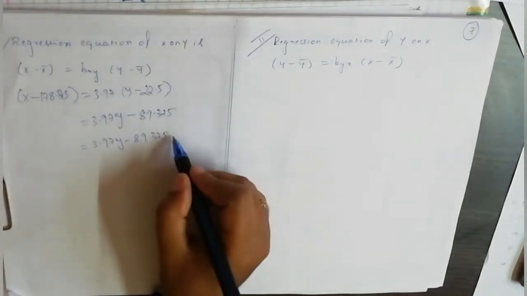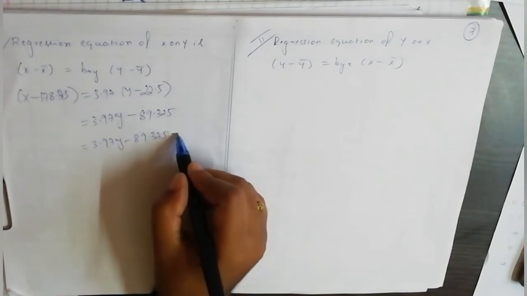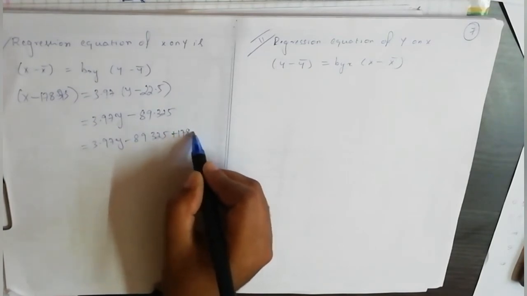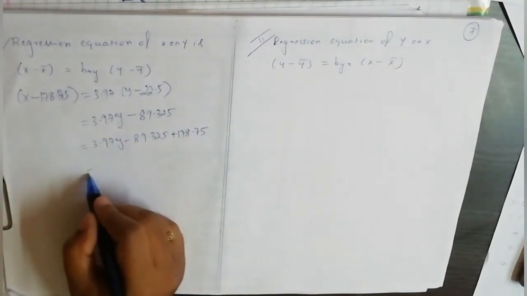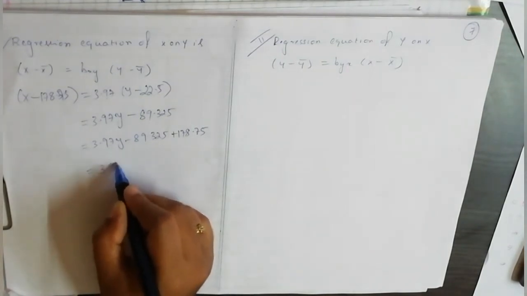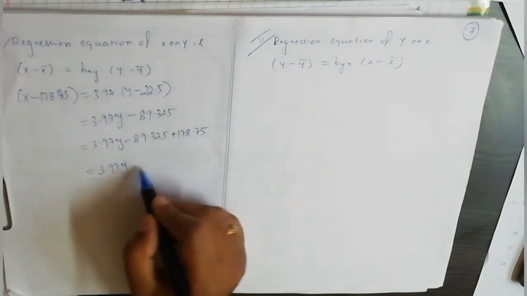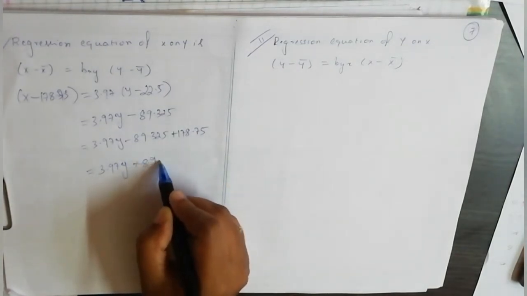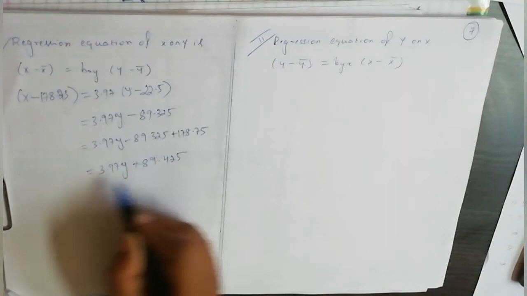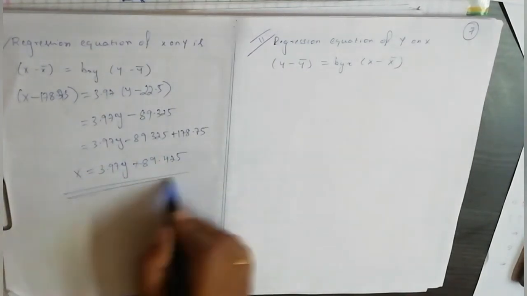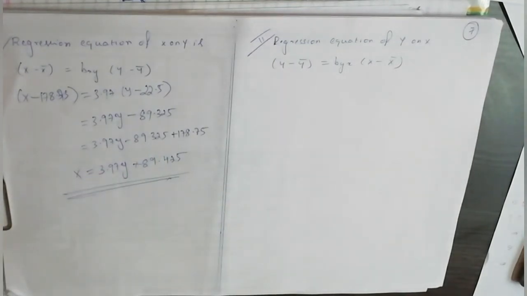I'll take this minus 178.75 to this side, it becomes plus 178.75. So final equation is 3.97y. If you subtract, we'll get plus 89.425. Here it is x. So this is our x on y.